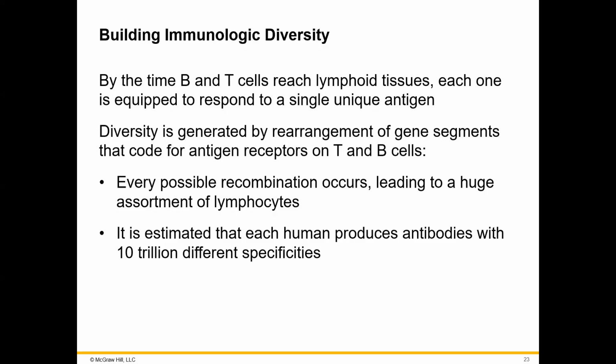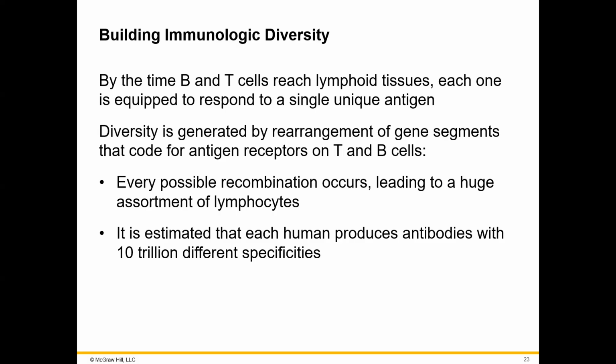This amazing specificity is generated by extensive rearrangements of more than 500 different gene segments that code for the antigen receptors in the T and B cells. In time, every possible recombination occurs, so you end up with a huge assortment of lymphocytes.